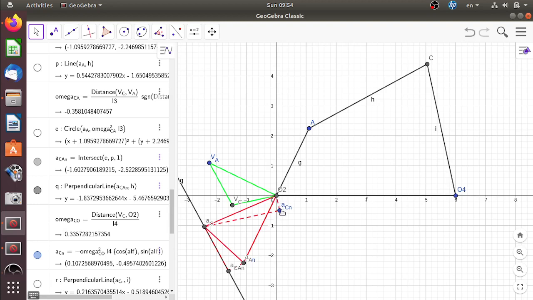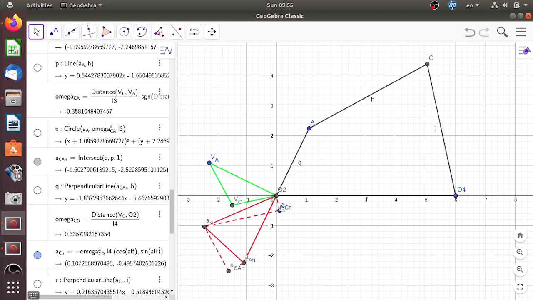Here I have measured alpha, that's the appropriate way. Instead of putting a circle and a line perpendicular to this, this is a more appropriate way to construct the normal component. Fine, let me hide these.